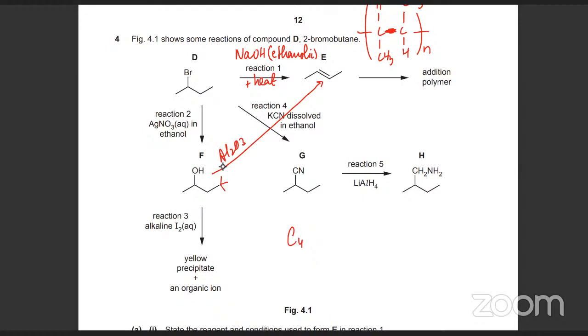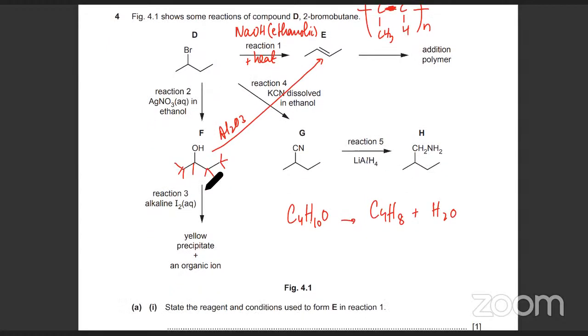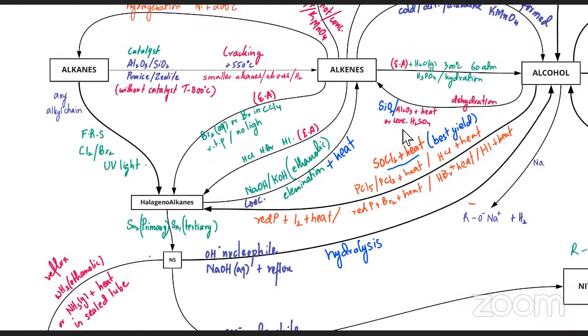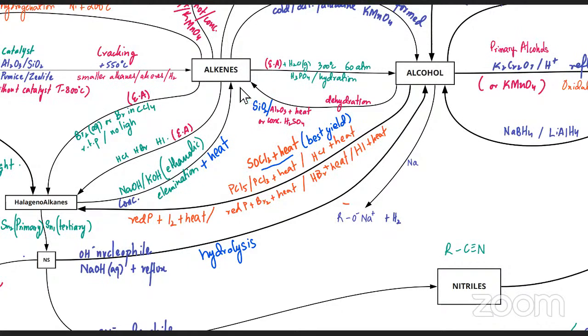That's 1, 2, 3, 1, 2 over here, 1, 2, 3, and there's going to be 1 over here as well. So that's 10 H. It's going to get dehydrated. It's going to form an alkene, which is C4H8, and it's going to release a water molecule. Okay, the OH and H get removed, and you get a double bond back over here. Okay, is this clear? Yes, sir. अच्छा फिर ये था कि ये चार्ट के अंदर यहाँ पे it's dehydration, alcohol turning back into an alkene, that's Al2O3 plus heat.